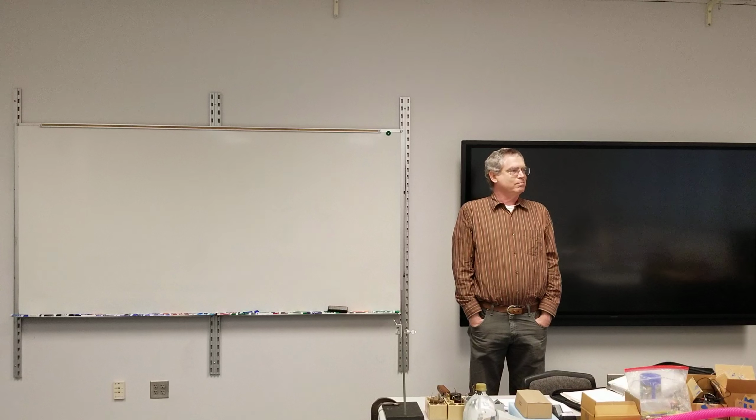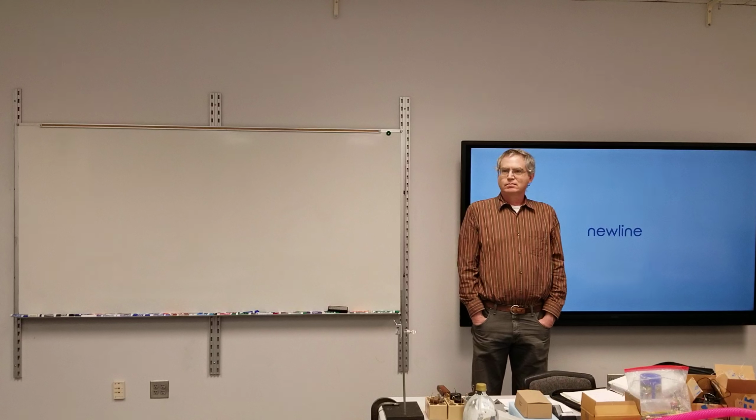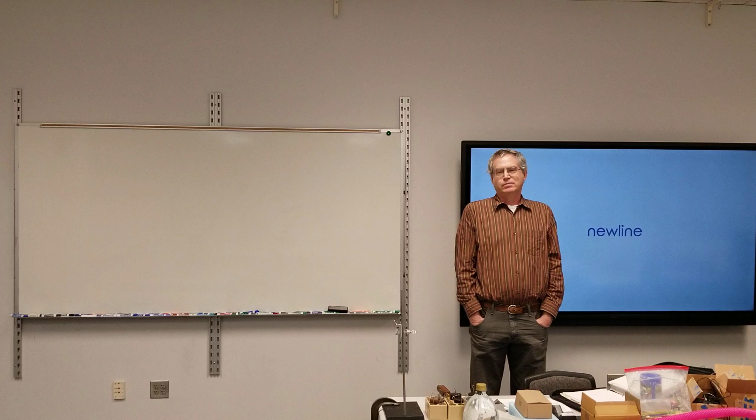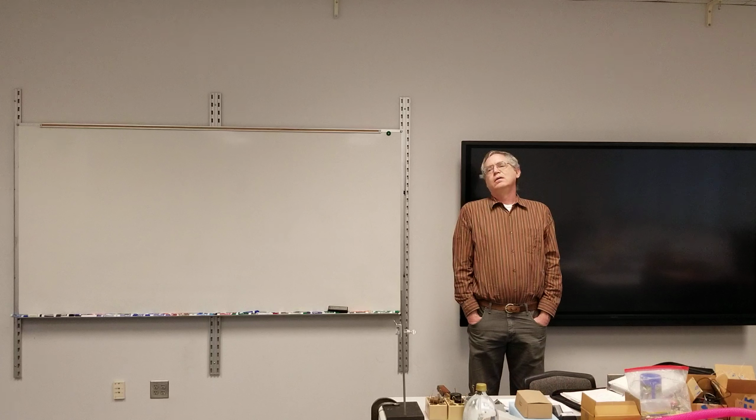Okay. Any questions? Oh, I have a question. It was on the master set, where we were given vectors for the initial speed, or I guess it would be the velocity.